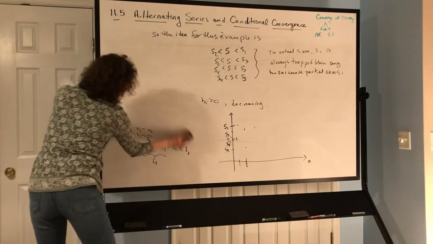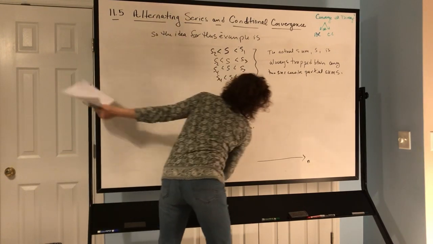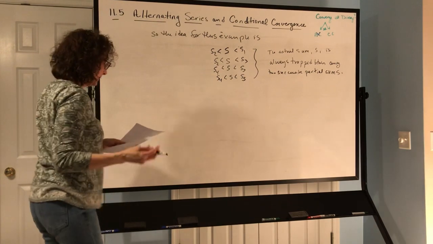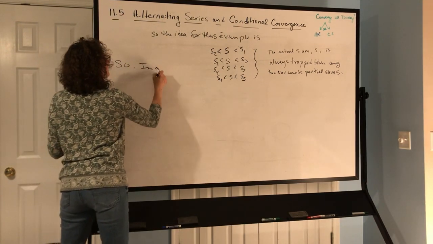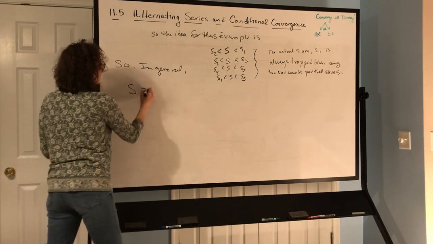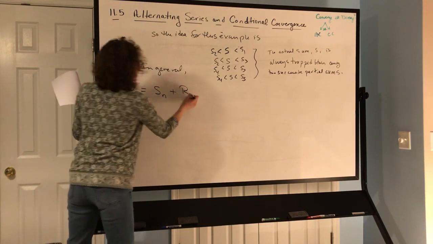So since we've got that, let's now just say something in general. Now remember, what is S? It's the nth partial sum plus the remainder, right?